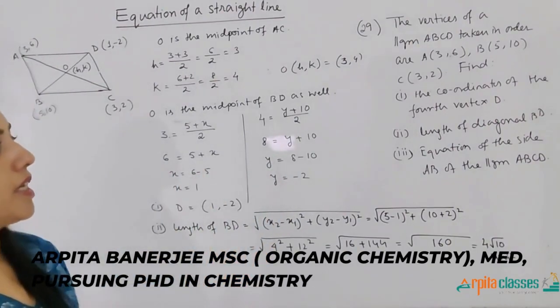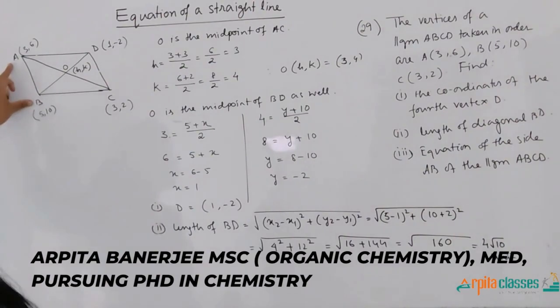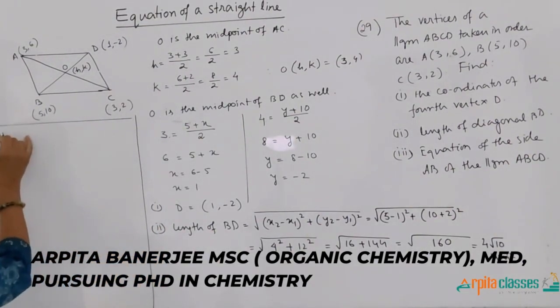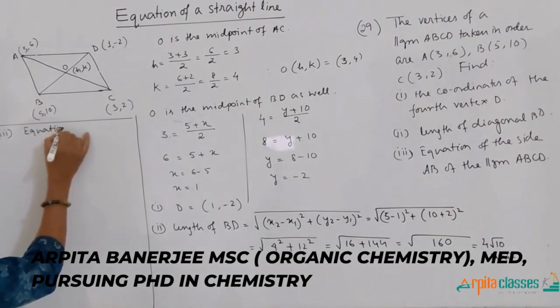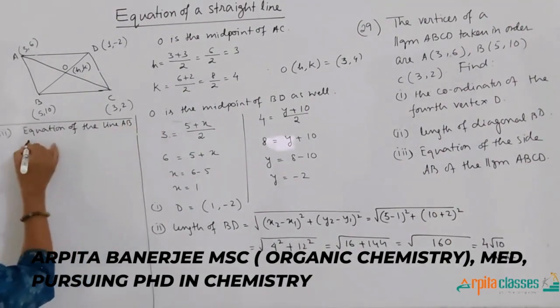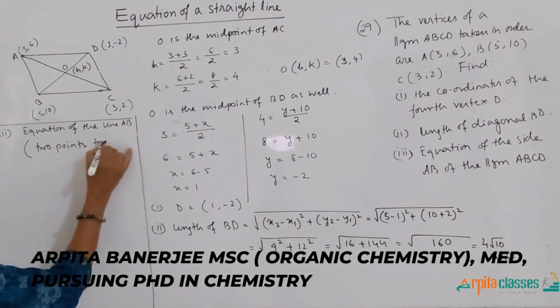The third answer is the equation of the side AB of the parallelogram. The equation of the side AB we get by the two-point form.